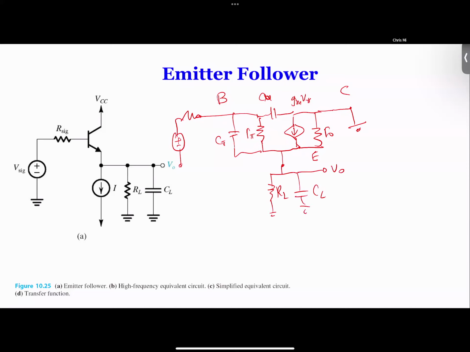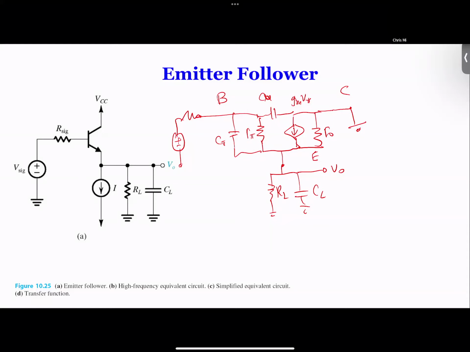Similarly, for this one, because RO is from output to ground, we can bring that RO over here, in parallel with RL, so you have that one simplified. And the R pi, we can move R pi to be in front of C pi, so the RSIG and R pi can be combined by doing source transformation.